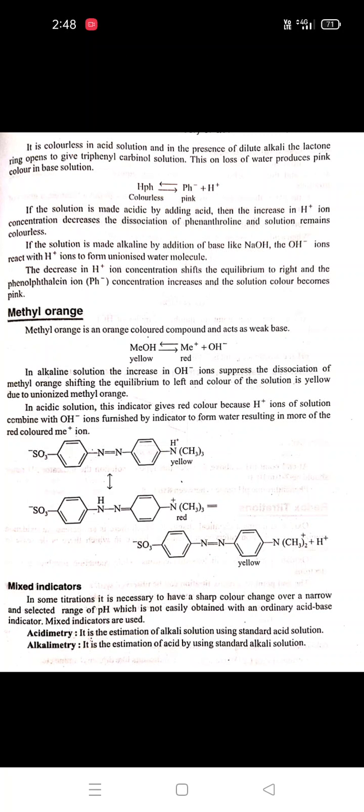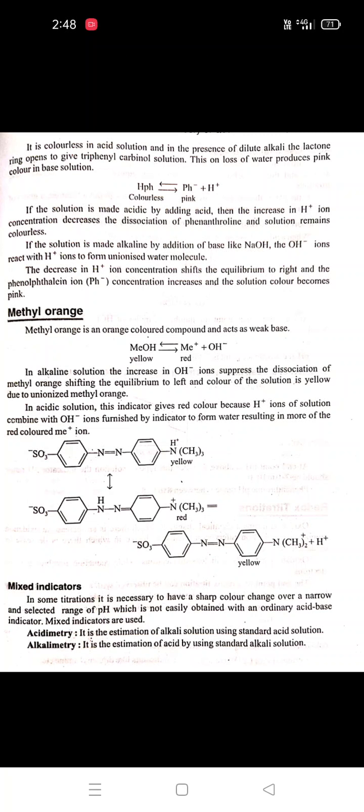So when we add acid to phenolphthalein, it is a colorless compound because the lactone ring does not open with the proton.